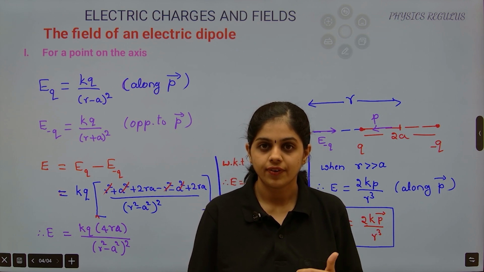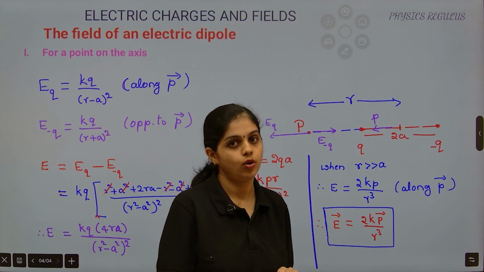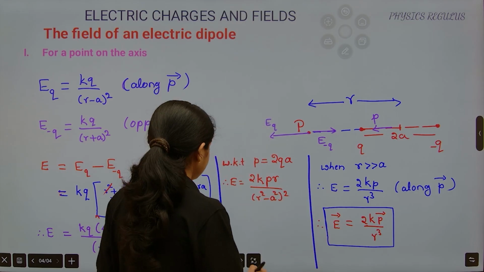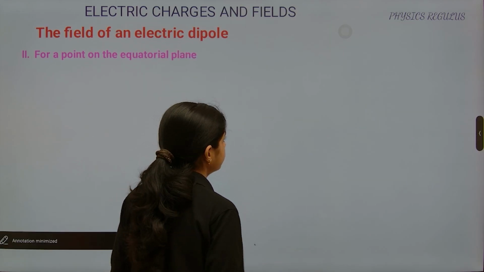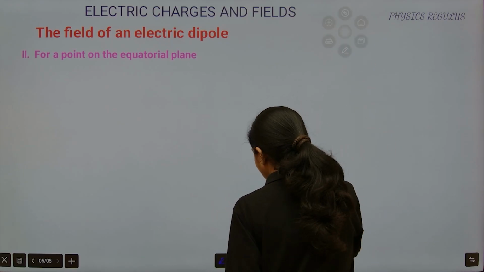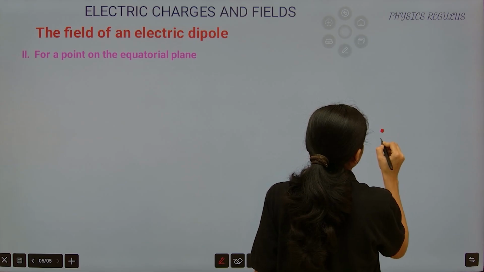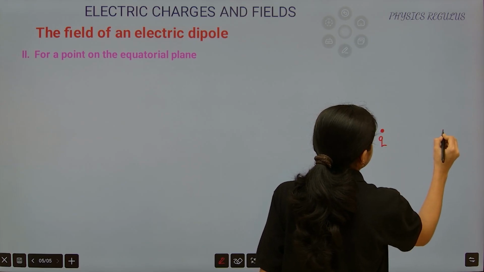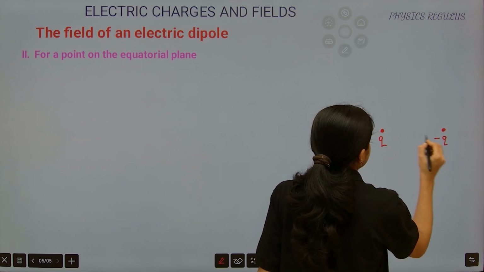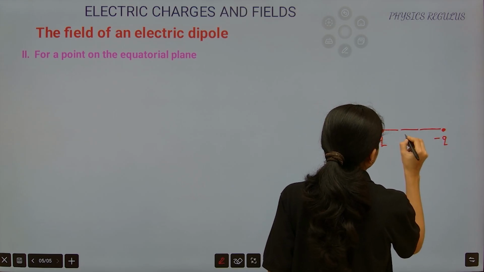Similarly, we can find the electric field at point P on the equatorial plane of the dipole. Again, we are considering a dipole consisting of charges plus Q and minus Q separated by a very small distance 2A.